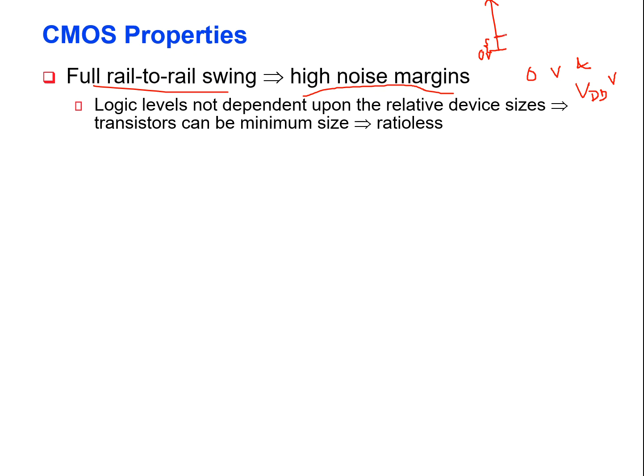We'll discuss that in the subsequent videos. The noise margin is high for CMOS. And here the logic levels are dependent upon the relative device sizes, in which you can reduce the transistors as minimum as possible, and we can say it is a ratio-less logic.